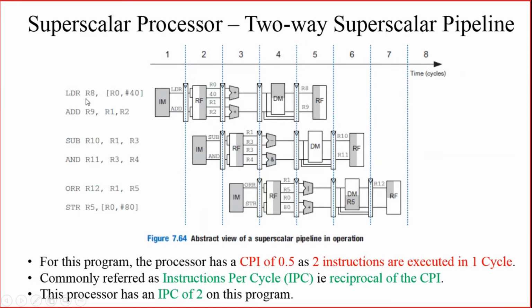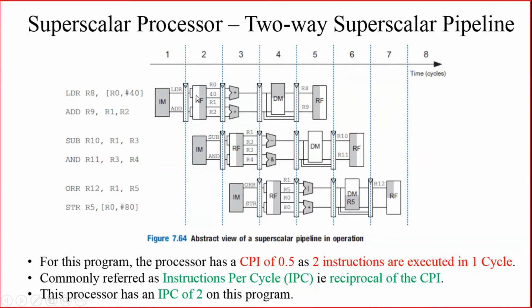So here, LDR R8, R0, #40. So what does it mean? In the first cycle, fetching of these two instructions will be taking place. What is instruction 1? You are loading the content of this location to R8.